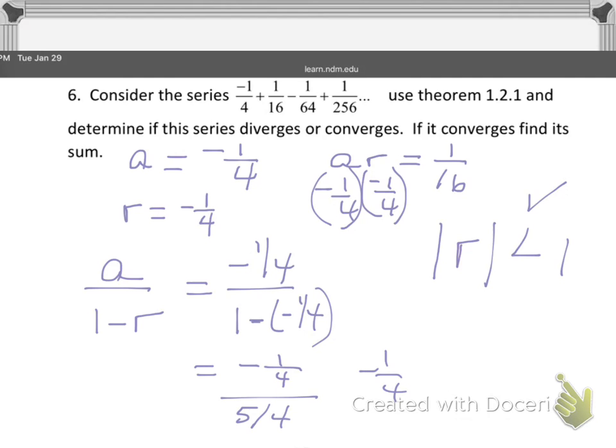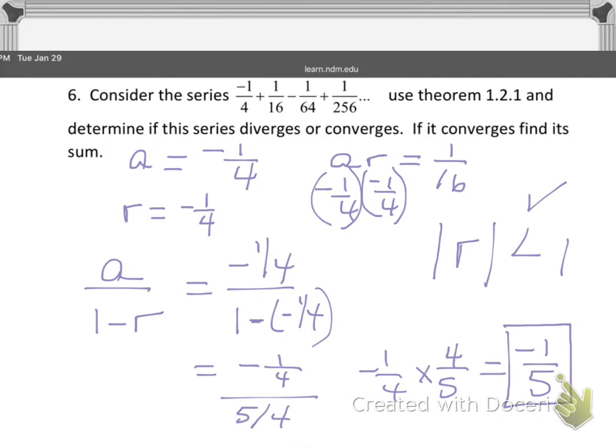I never really divide by fractions, I multiply by the reciprocal. So I'm going to converge at negative 1/5. So my series converges, and it converges at negative 1/5.